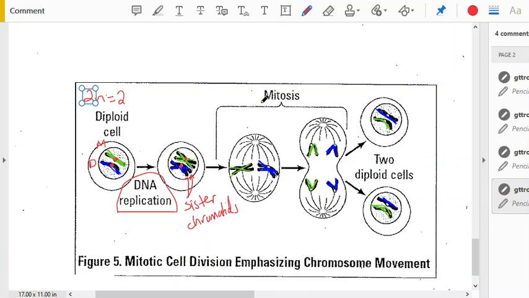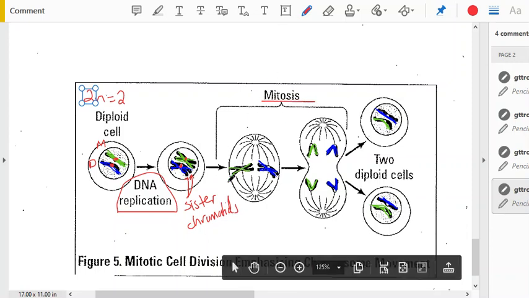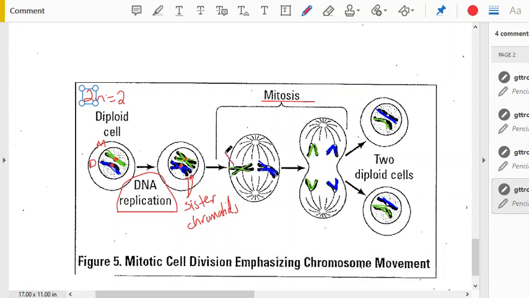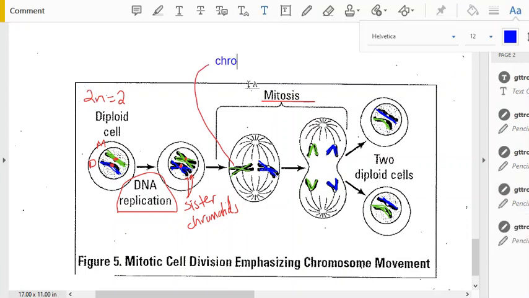And then once the cell starts to go through mitosis, and we'll see the steps of this in a second, the chromosomes line up single file in the middle of the cell. And this is absolutely critical because this is going to be a little bit different depending on if we're doing meiosis or mitosis. So I'm going to go ahead and say that the chromosomes line up in the middle, single file.